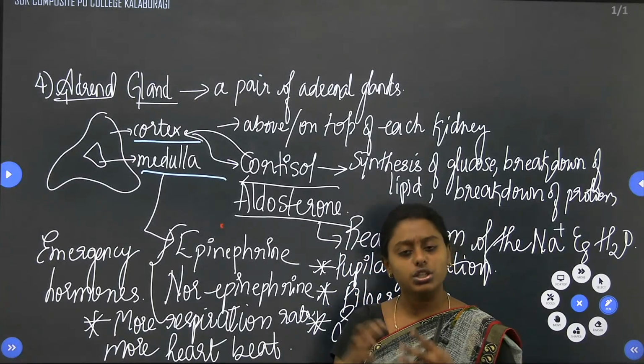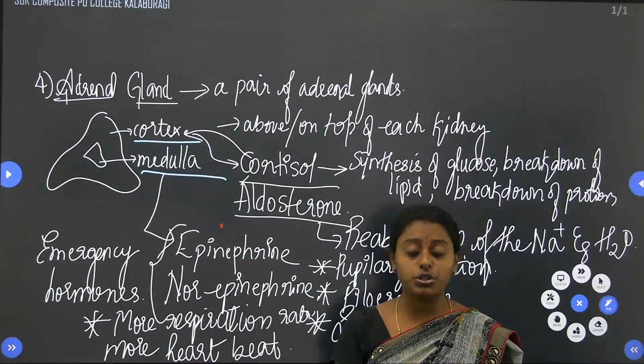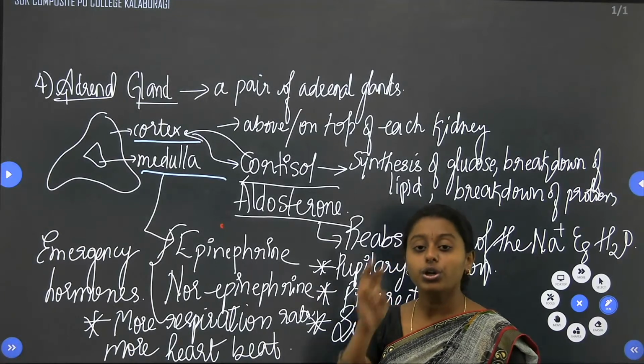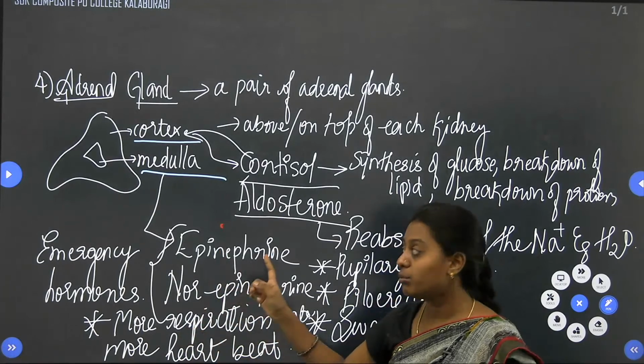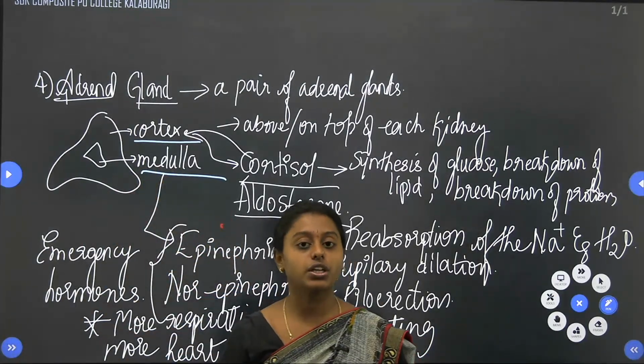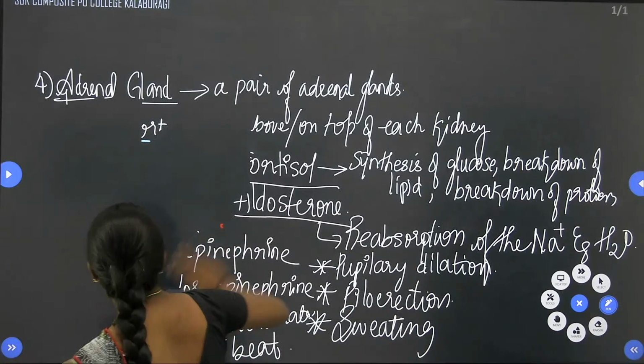These all are the different effects that we can observe in a person when he is under scary condition due to two hormones, epinephrine and norepinephrine, being secreted by the adrenal medulla. So this is another endocrine gland.